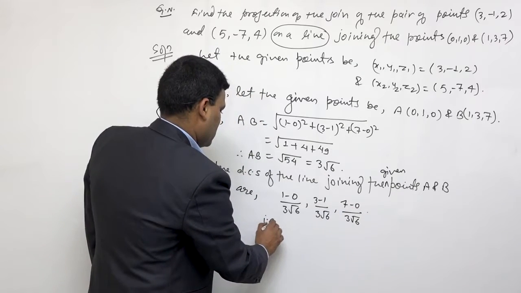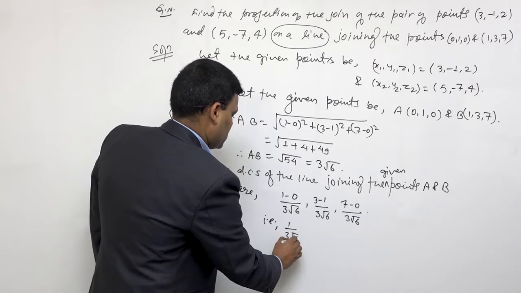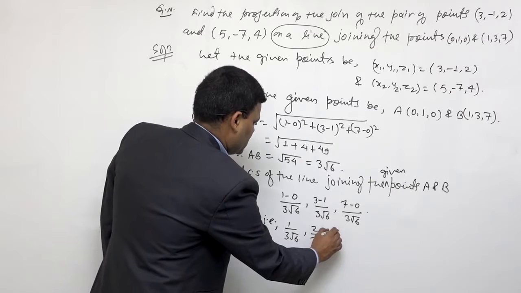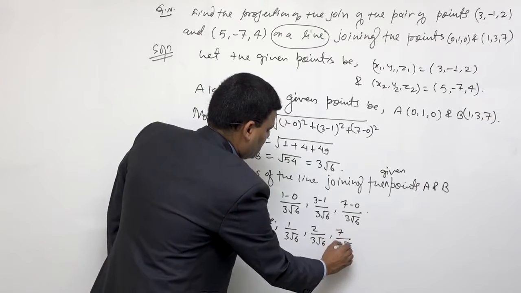That is 1 by 3 root 6, 2 by 3 root 6, 7 by 3 root 6.